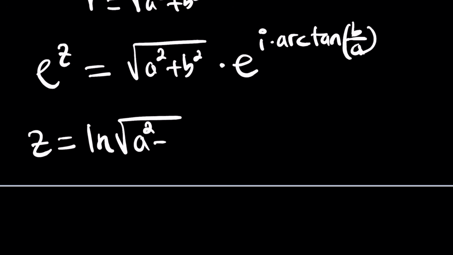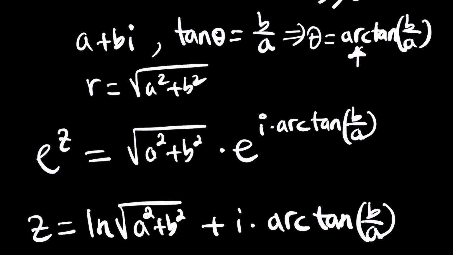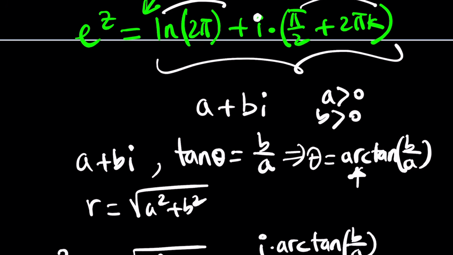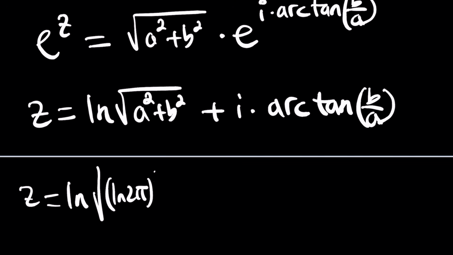But if you natural log both sides, things are actually going to be pretty easy to do because you're going to get something like this. Now the question is, what is b and what is a, right? Well, let's take a look. a is ln 2 pi, so let's go ahead and substitute that. ln 2 pi squared plus b squared.